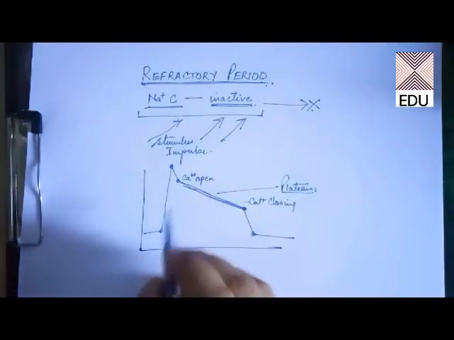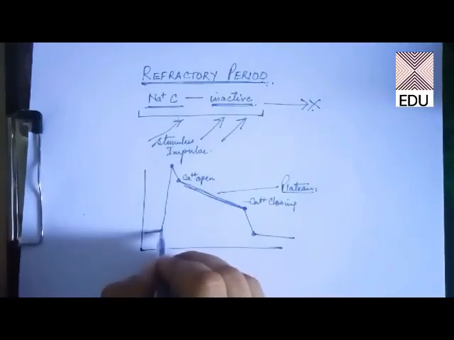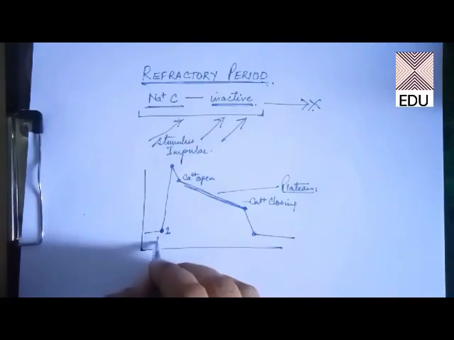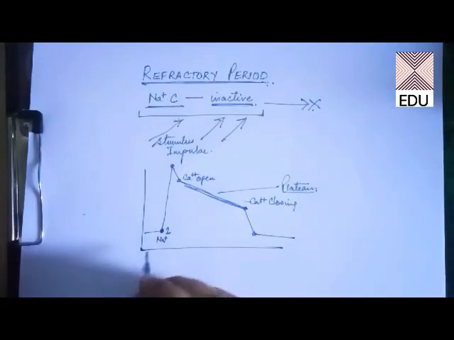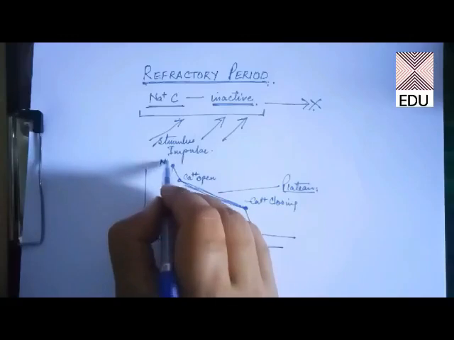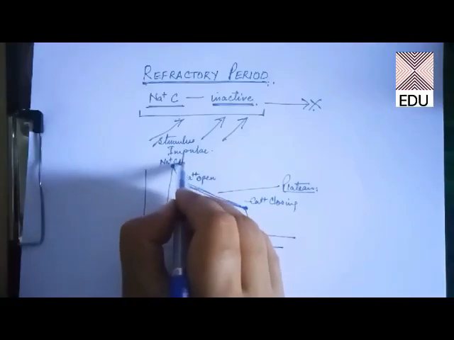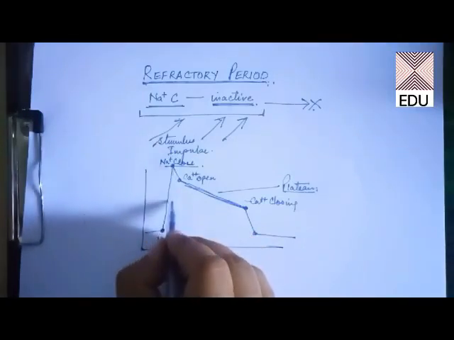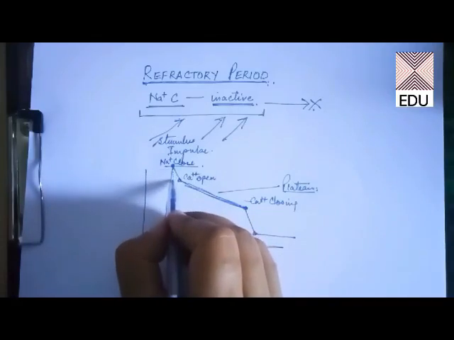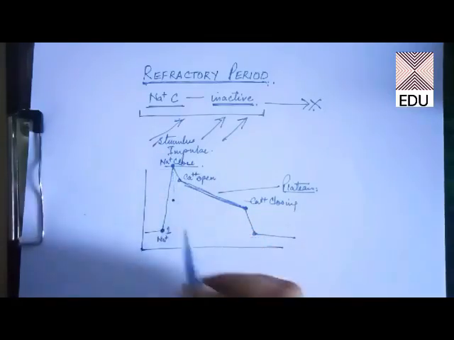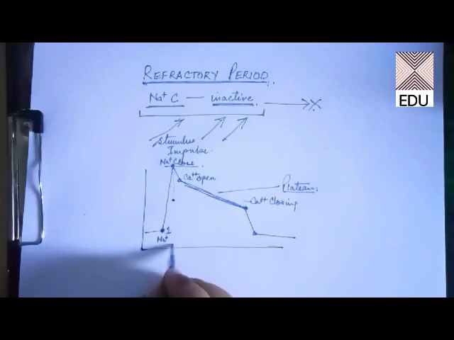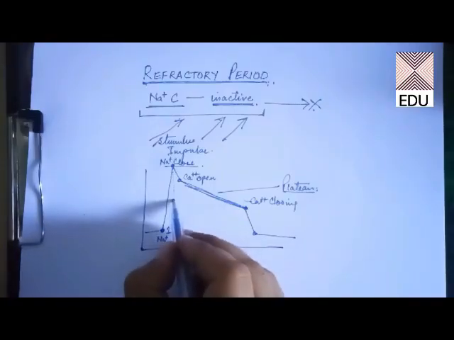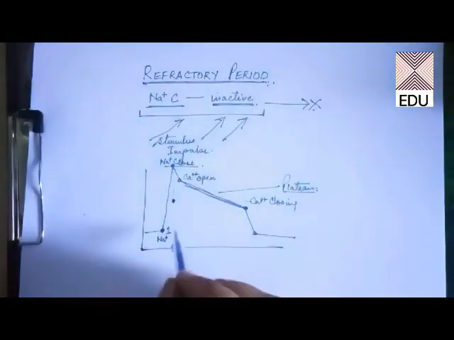So in this period, here on point 1, the sodium channels were open. Here at point 2, the sodium channels were closed. So from this period where the sodium channels are closing, at this time the refractory period starts.